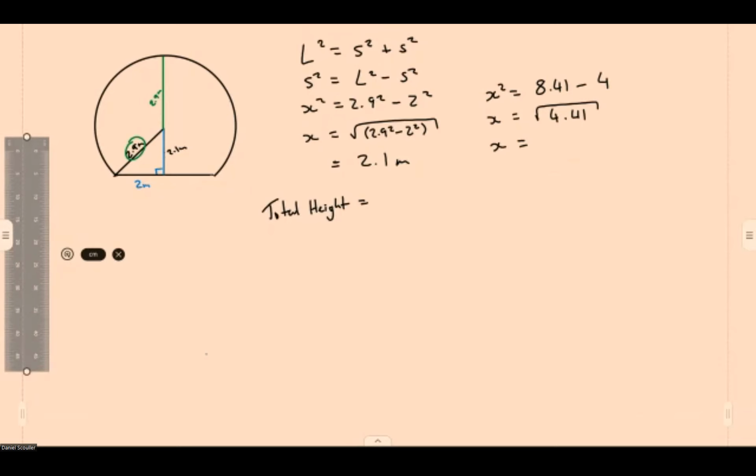I've got the wrong numbers. Oh wait, no, I just got 2.1 there as well. 2.9 is alongside, minus 2. 2.9 squared minus 4.